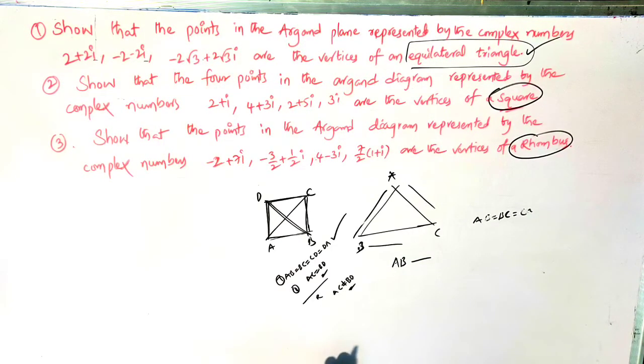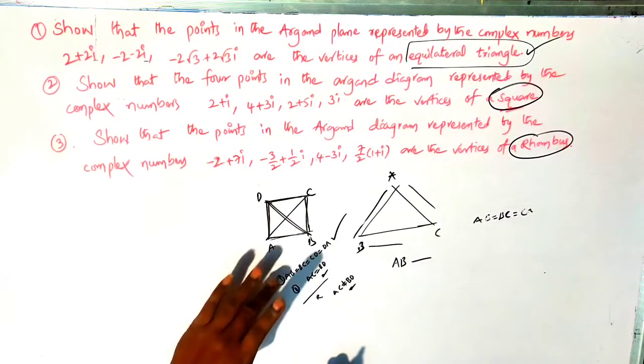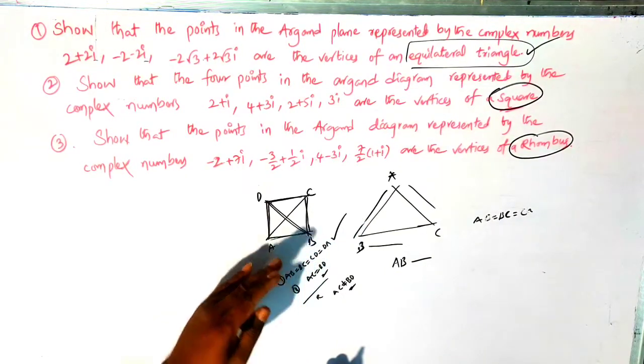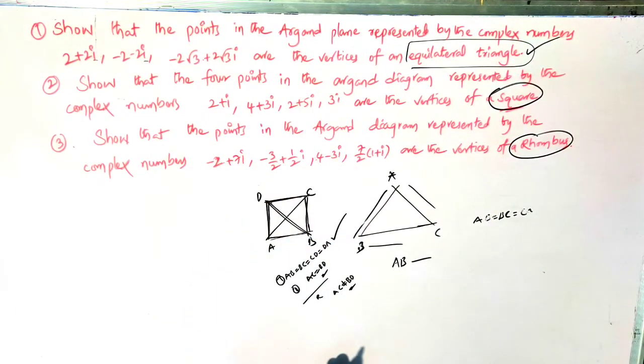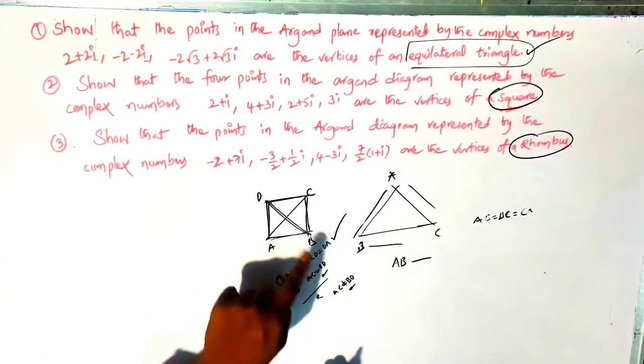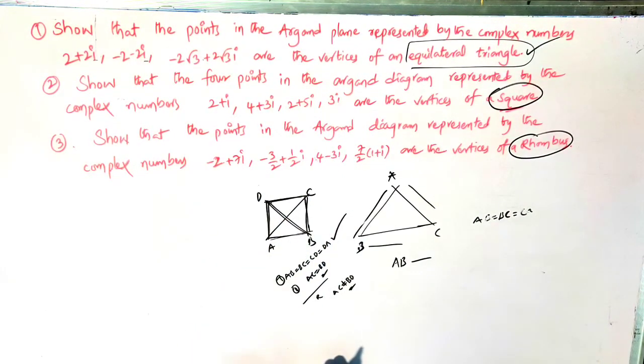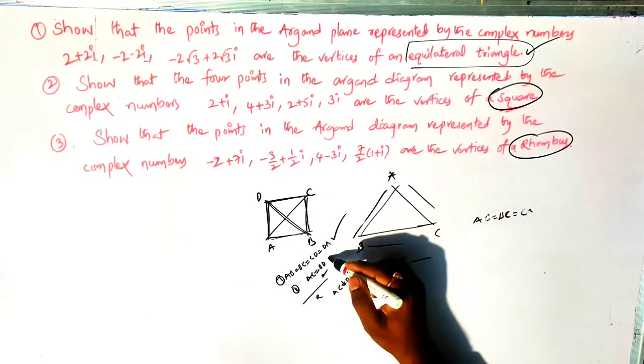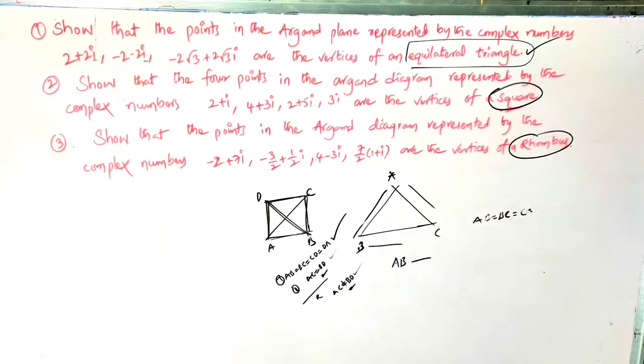We find the distances AB, BC, CD, DA and get that they are equal, then find the diagonals AC and BD as well. If they are equal, it is a square; if they are not equal, it is a rhombus.